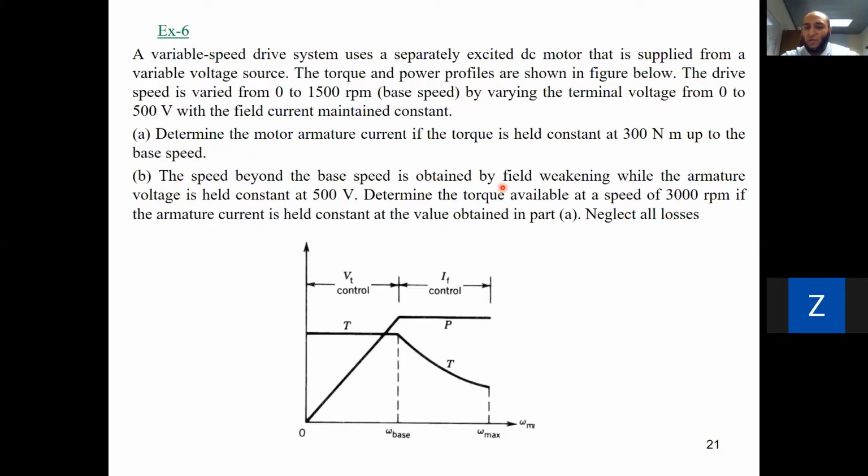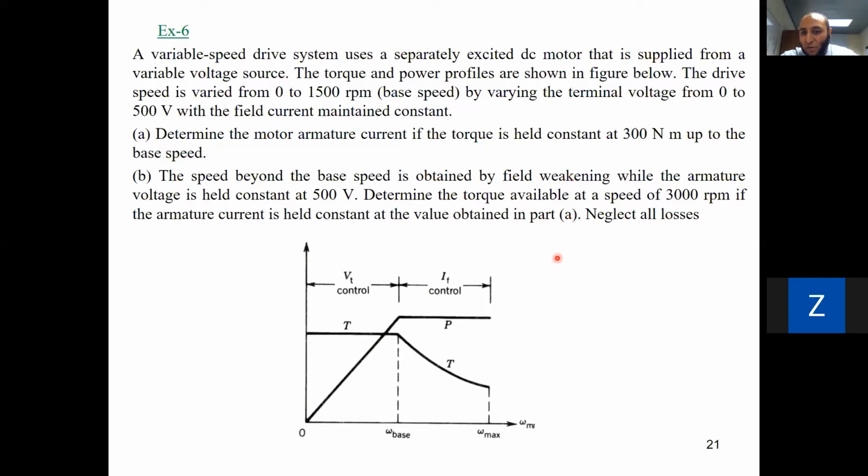And this field weakening is valid for all kinds of machines, not only for DC machines. So for all kinds of machines, we can make field weakening to increase the machine speed, and the applications for this field weakening are in electric vehicles and aircraft.